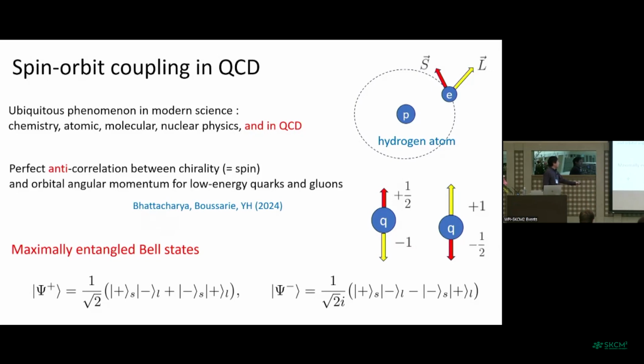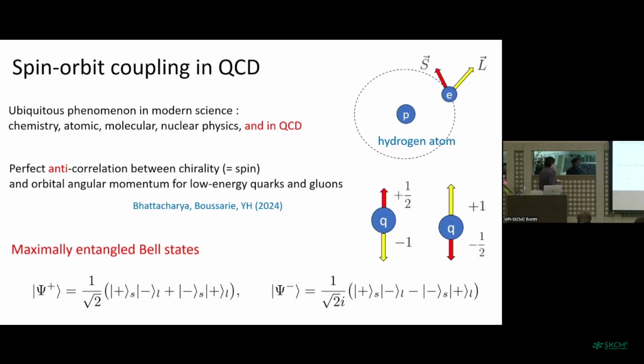This means that if the quark is right-handed, then the orbital angular momentum has to be -1, and if the quark is left-handed, then the orbital angular momentum has to be +1. So there is a perfect anti-correlation between the spin and the orbital angular momentum, and you can describe this situation as quantum entanglement.